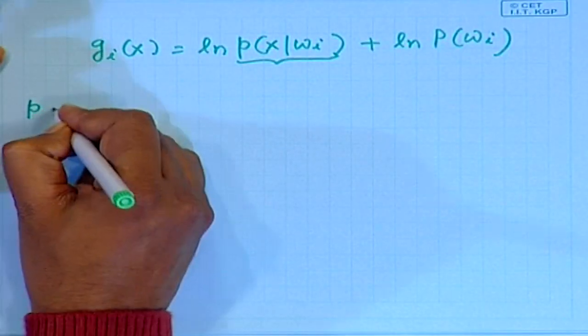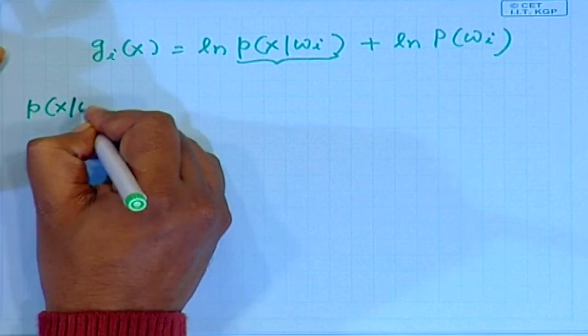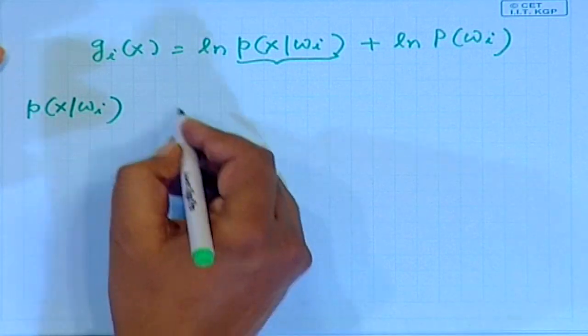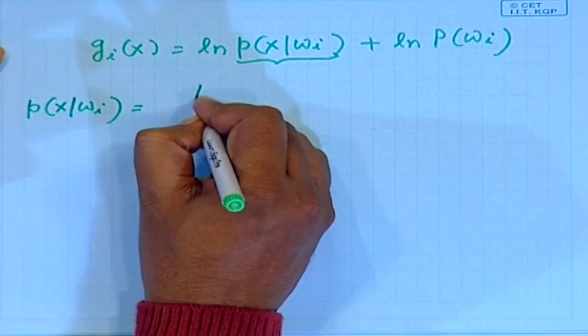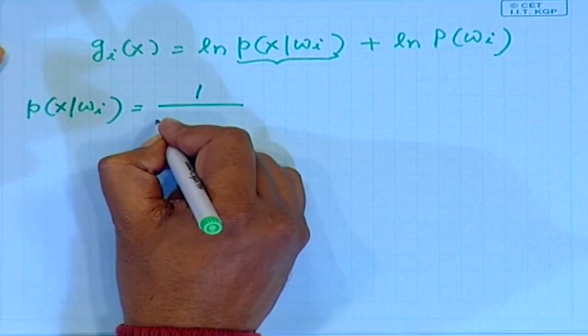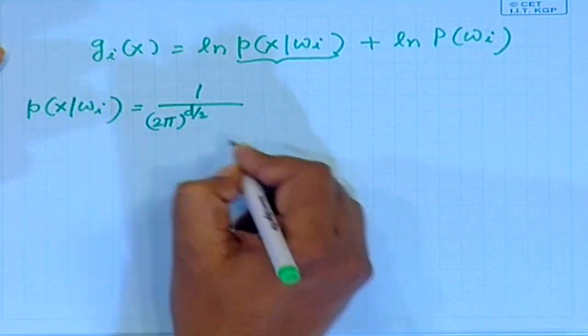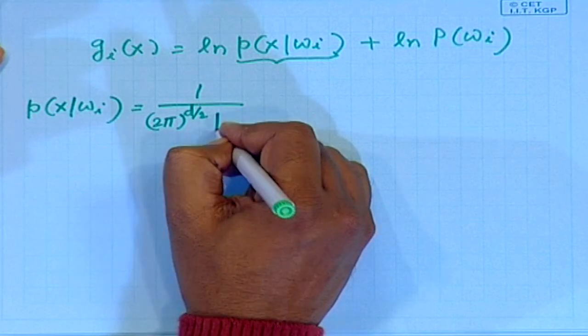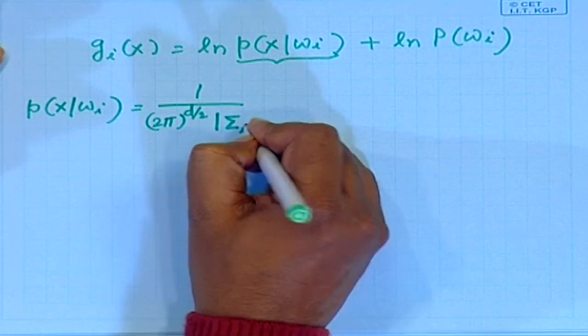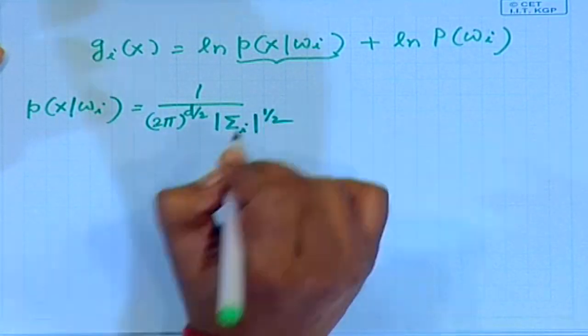So, the expression for the probability density function, if I write p of x given omega i, is nothing but the same expression: 1 over (2 pi) to the power d by 2, then determinant sigma_i to the power half.